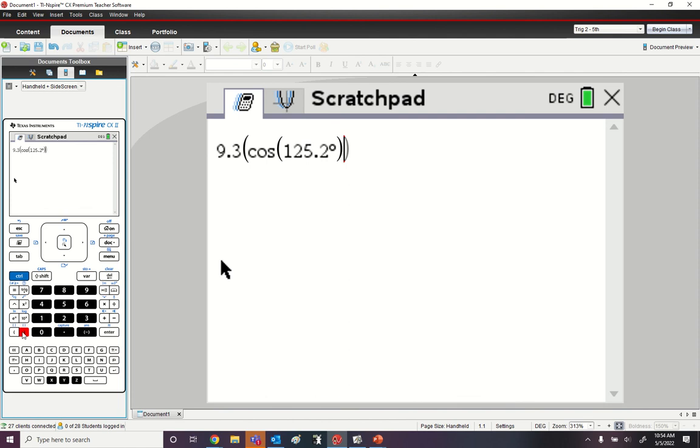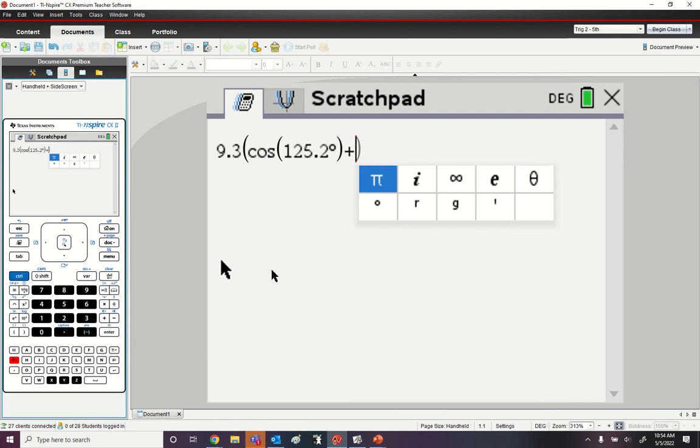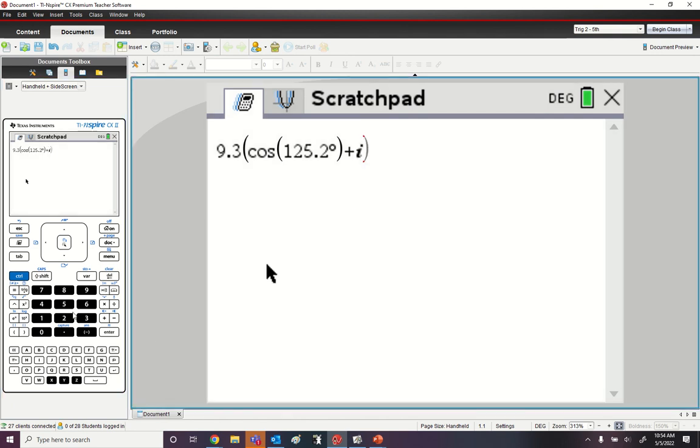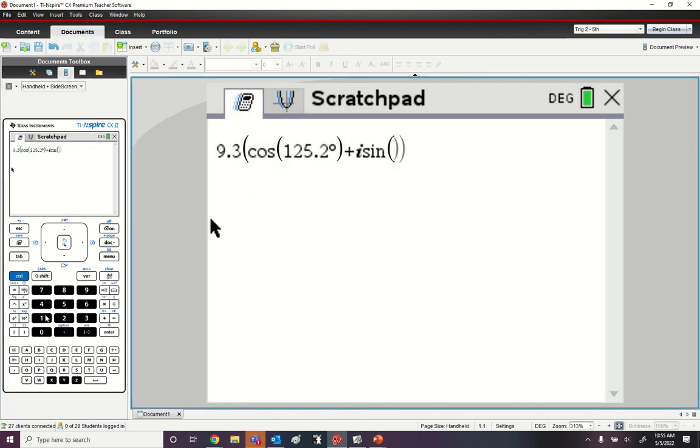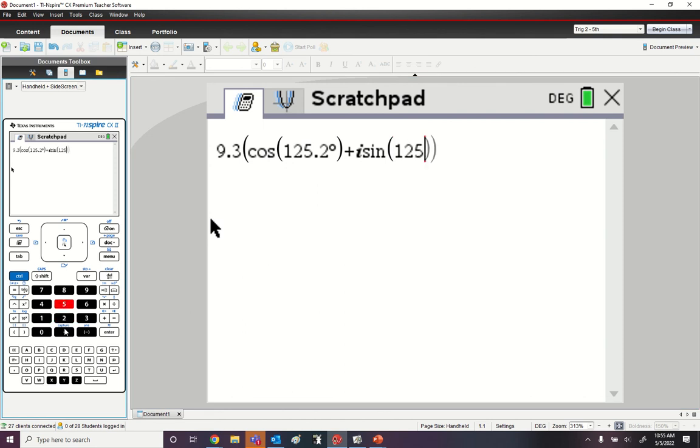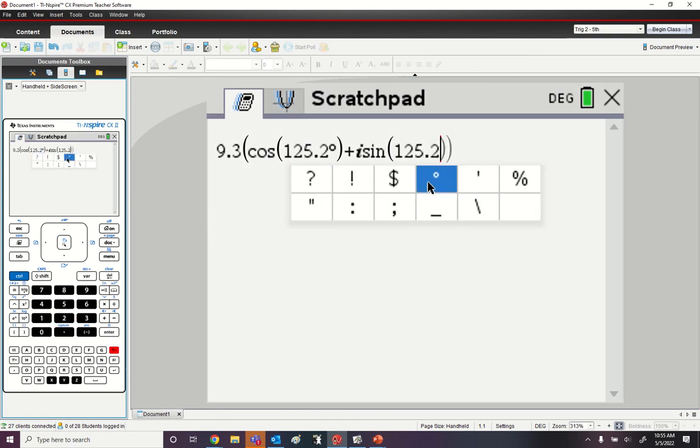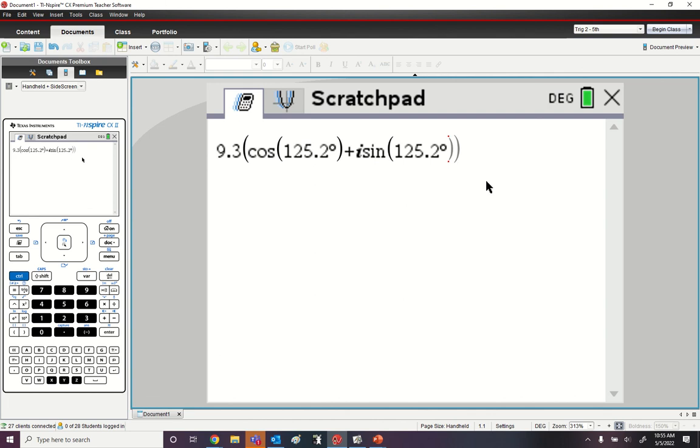Close that one. Plus I, so I'm going to hit the pi button and use that I. Sine of 125.2 degrees. There we go. So I have that right there, but the calculator's already set to give me the answer in rectangular form. So I just have to hit enter now.